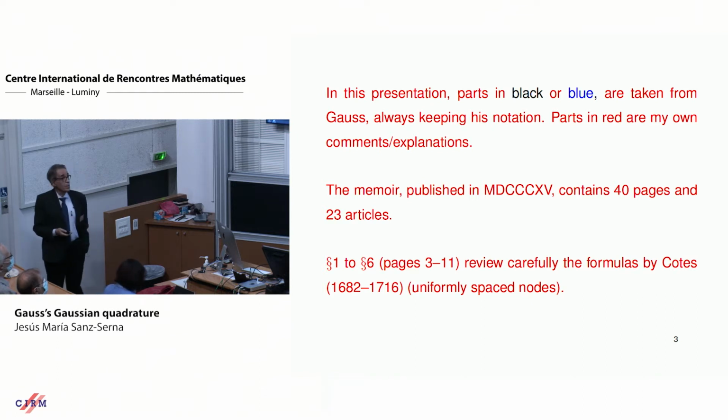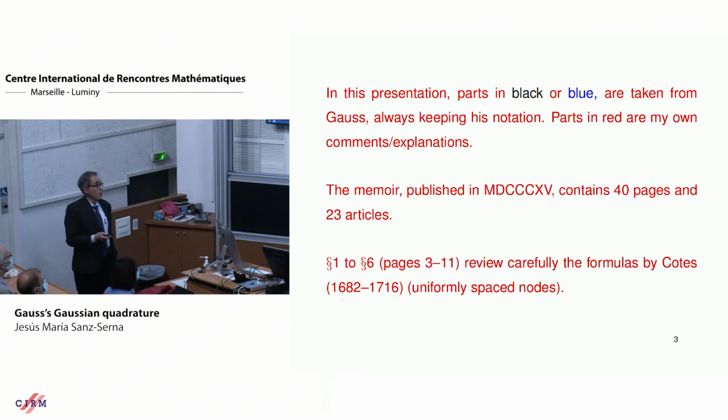And the rules of the presentation is that whatever in the slides is in the original memoir will be written in black or blue, and I've written in red my own comments and so on. For the blue part, I've kept Gauss's notation because I think that's of some interest.